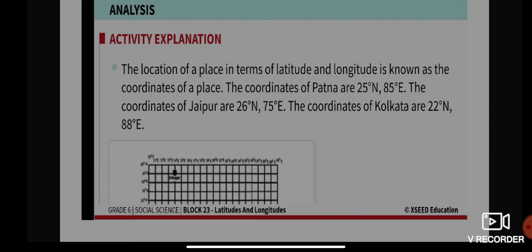So the coordinates of Patna are 25° north and 85° east. The coordinates of Jaipur are 26° north and 75° east. And the coordinates of Kolkata are 22° north and 88° east.